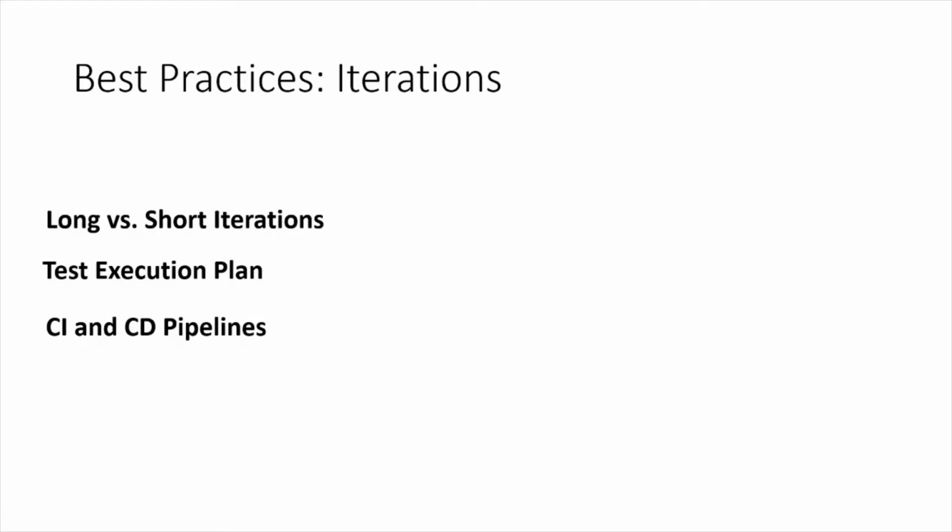So we need to understand what is good for our particular project, because some projects really benefit from having a 1 week sprint or even 4 week sprints, right? But remember all the time that the longer your sprints are, the longer your feedback cycle is. So in this case, it would be complicated sometimes.